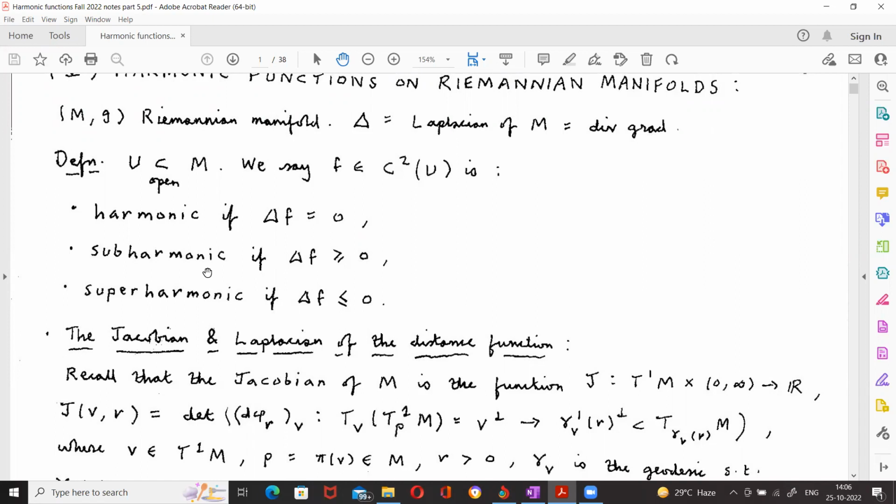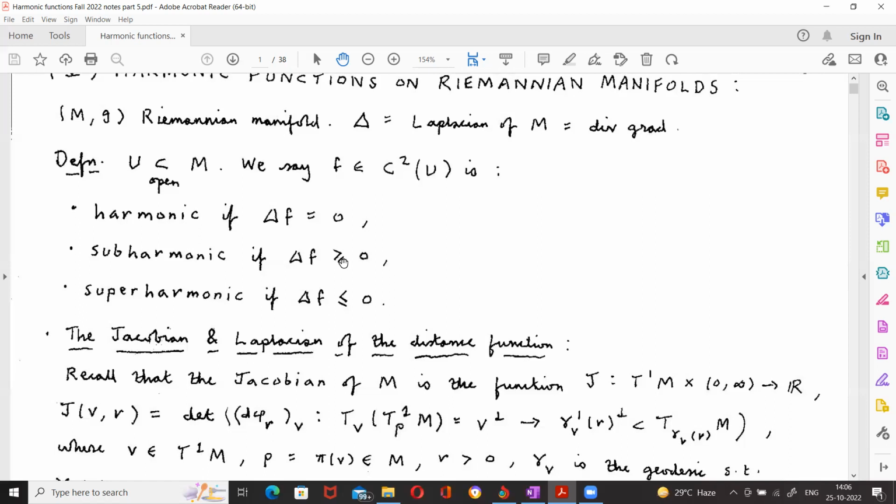So for a convex function, the Hessian is non-negative. So if I take its trace, which is the Laplacian, that will also be non-negative, right? For a non-negative self-adjoint linear map, all its eigenvalues are non-negative, right? The Laplacian is the trace, the sum of the eigenvalues, so that is also non-negative. So convexity implies subharmonic, but the converse is not true, right?